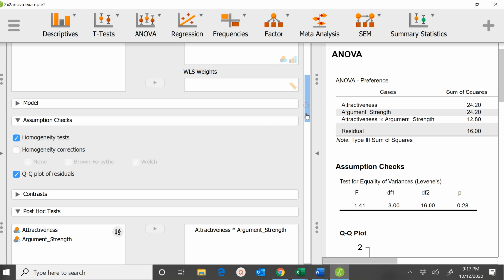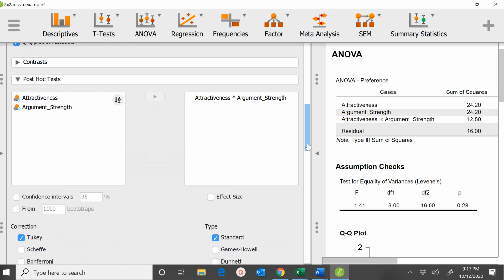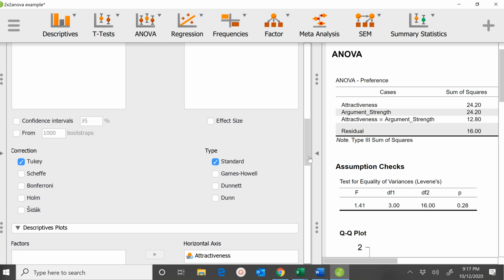I think we have a pretty good idea already, but this will allow us to apply an error correction. So we'll go with the Tukey error correction. We can ask for the effect size, and while we're at it, it's free. Let's ask for the confidence intervals.